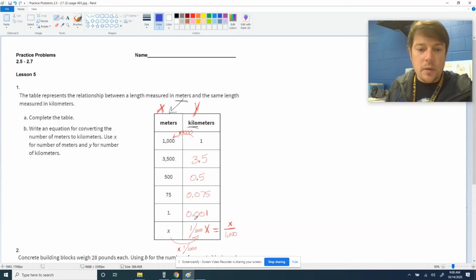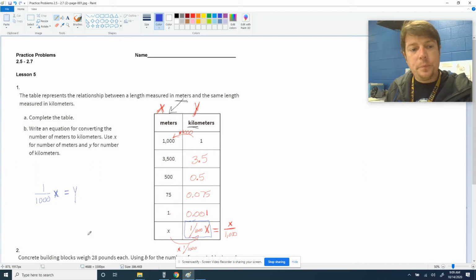If I take 1 over 1,000 and multiply by x, I will get kilometers, which are y's. So if I take 1/1,000th and multiply by x, the number over here on the left, it will give me the y value that's over on the right.